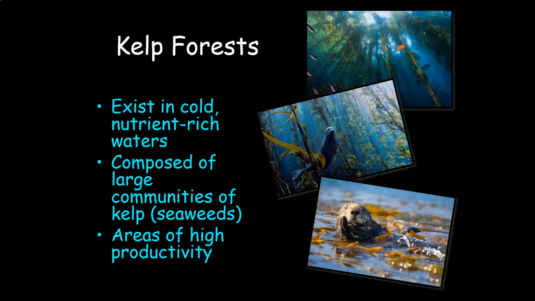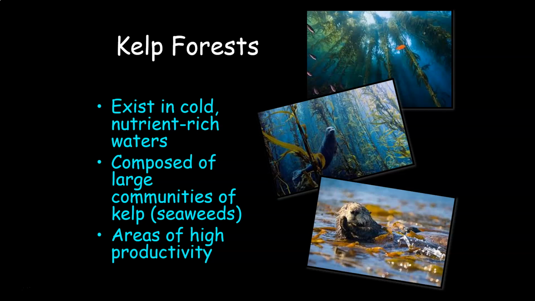Kelp forests can also exist here in this neritic zone. These guys tend to be more in cold, nutrient-rich waters. One of the biggest kelp forests that we are maybe familiar with here in the US exist off the coast of Washington. And these guys are very much composed of large communities of kelp, or these giant seaweeds.